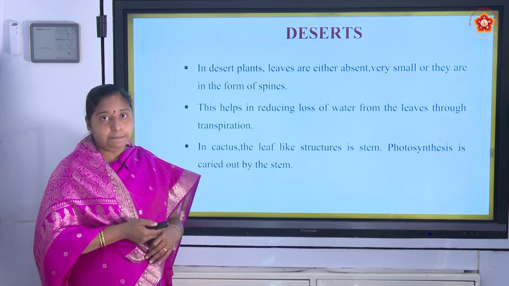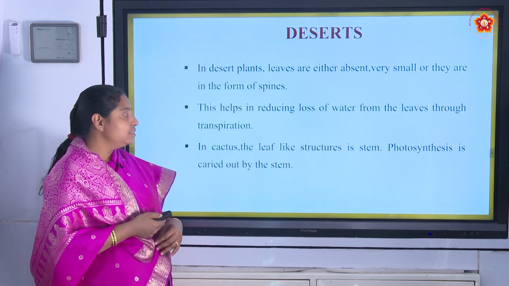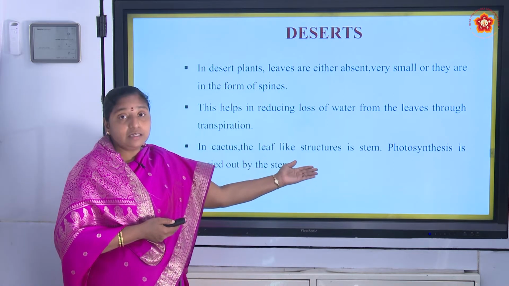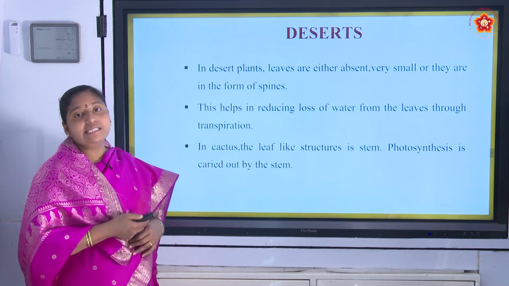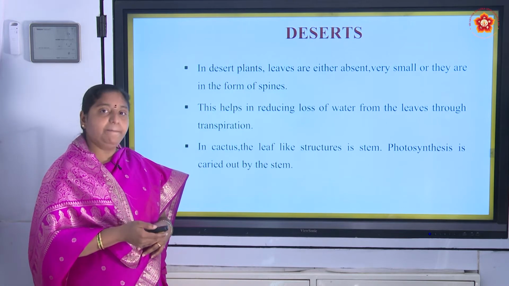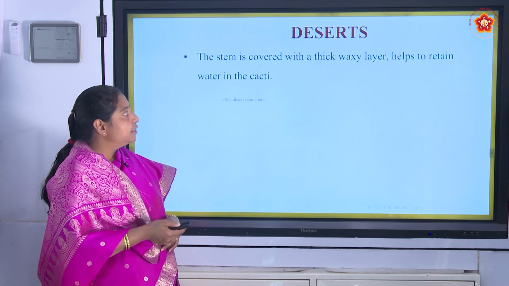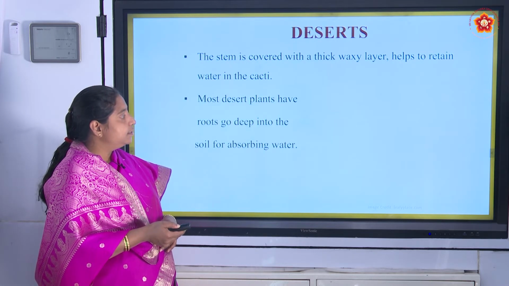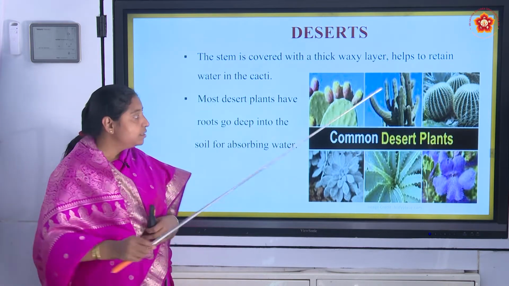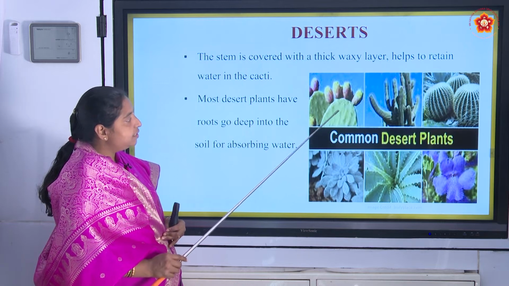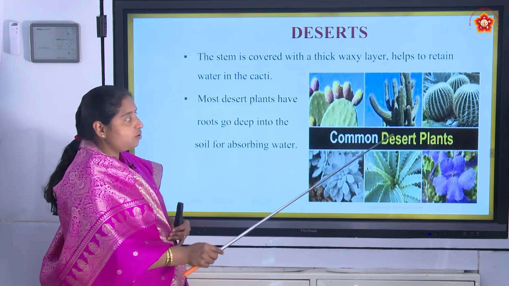The best example for a desert plant is cactus. In cactus, the leaf-like structures you are observing are nothing but the stem. Photosynthesis is carried out by that stem. See here, this is cactus, and the leaf-like structures you are observing are actually not leaves.